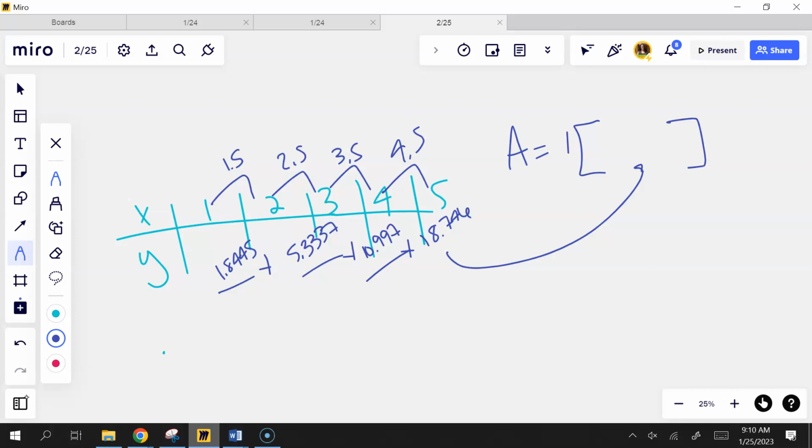If that width hadn't been 1, remember it's b minus a over n. So I went from 1 to 5, and I needed 4 sections, 4 rectangles. And you should have gotten approximately 36.9212.